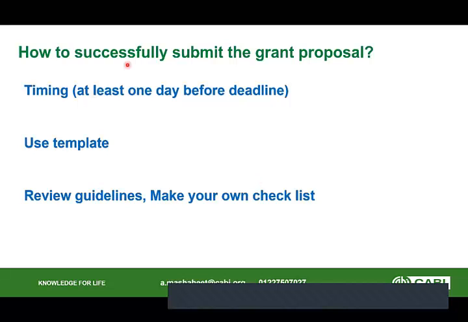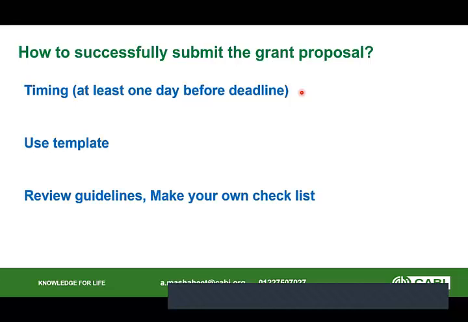We should avoid submitting the proposal on the due date, because most of the times, technical issues happen in that very last date. People tend to submit at the due date, which means that the system is going to be overloaded, and sometimes it drops, and in some cases the system might stop and you may not get an extension.